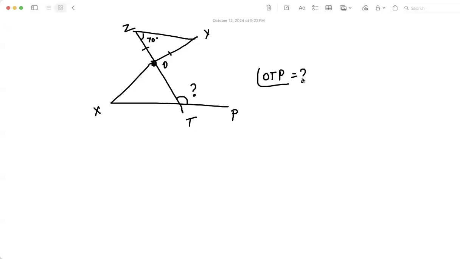I know for grade 6, but how deep do you know? Are ZY and XT parallel? No. Okay, maybe you're all stuck here.